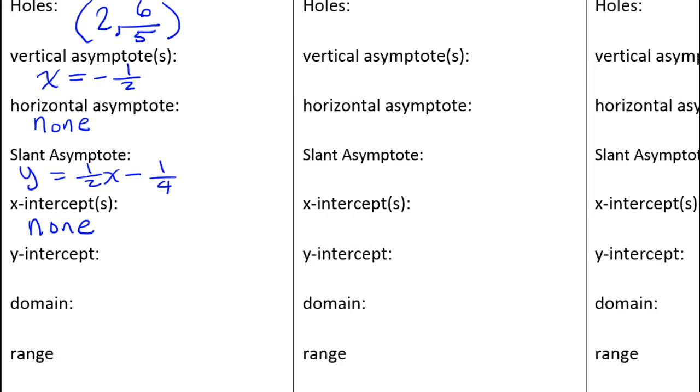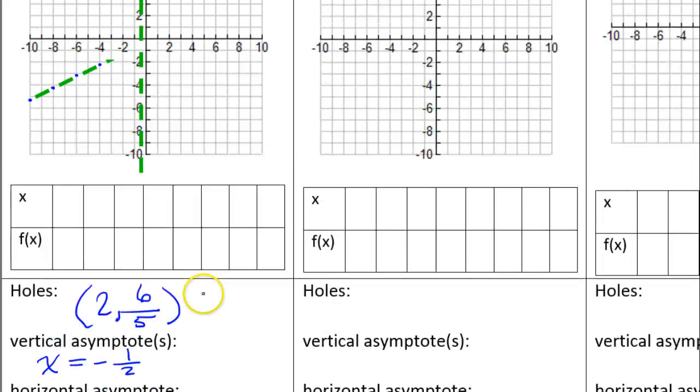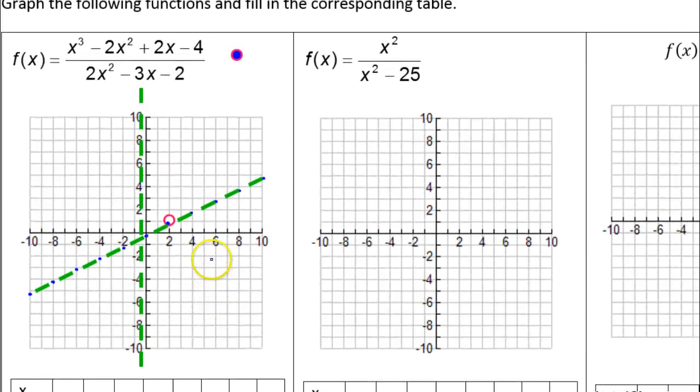So that will be my y-intercept, (0, 2). Let's go ahead and plot that point. Okay, (0, 2), the y-intercept, is going to be right about here.